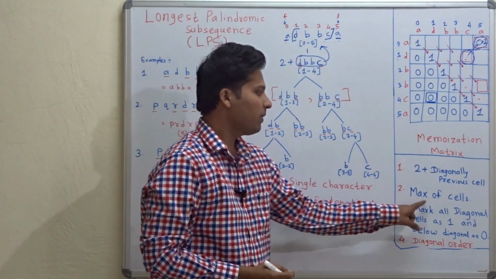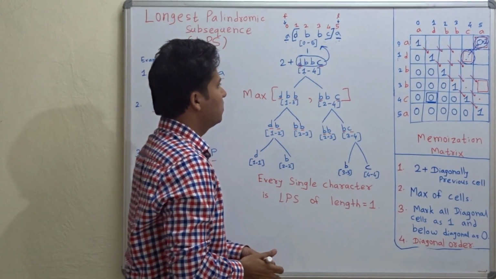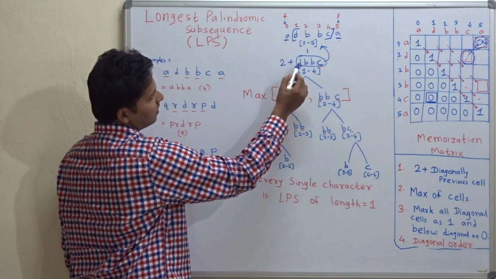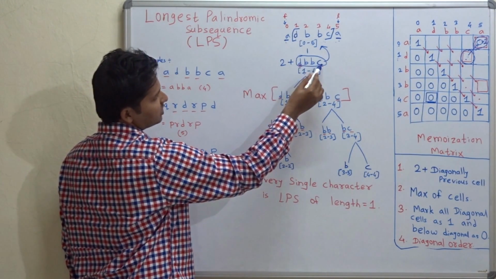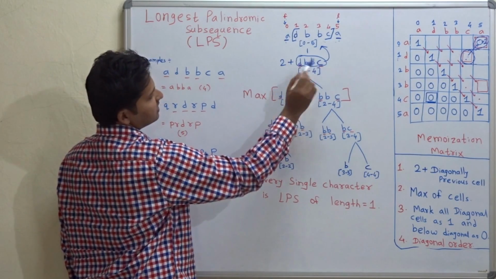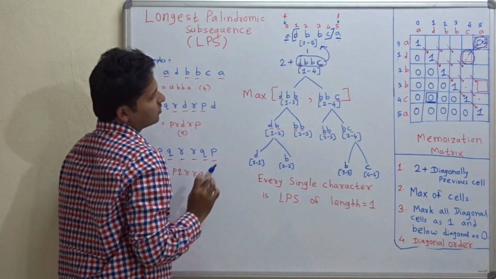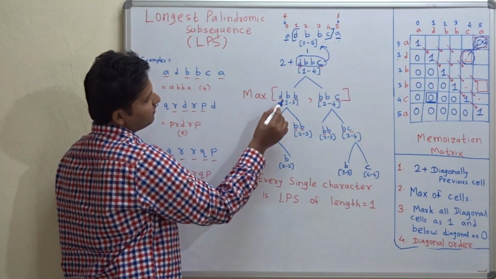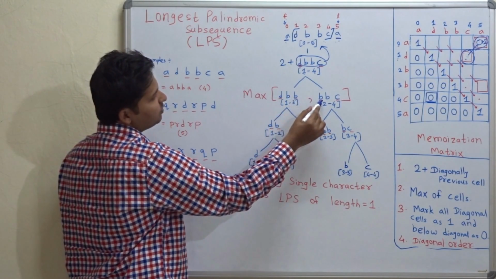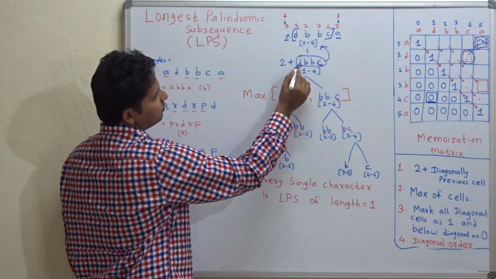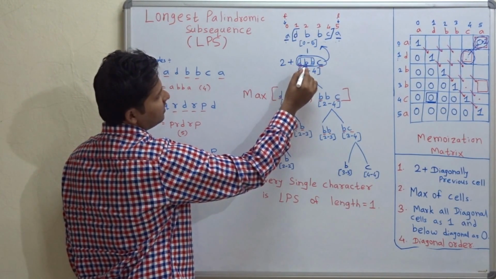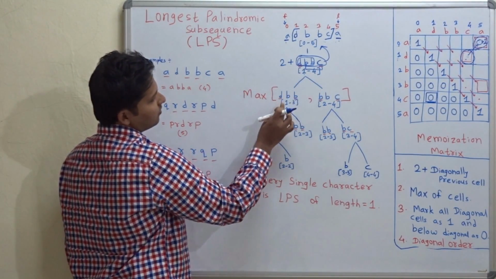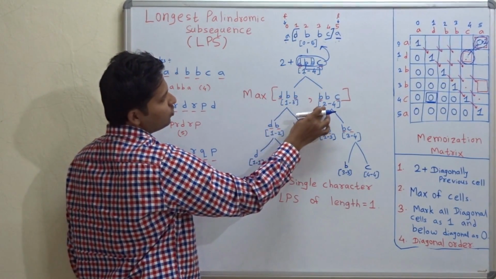Now the second point, max of cells. Now further, D does not match with C. D and C don't match with each other. So our problem drills down to finding out the LPS between DBB and BBC. Means DBB this and BBC. So we have divided the string from index 1 to 3 and 2 to 4.